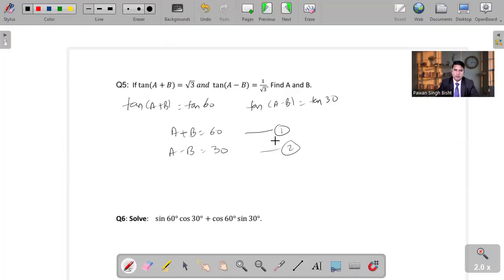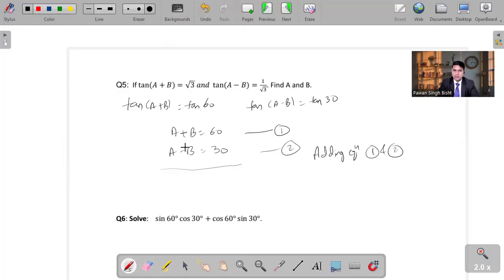You can check it on my channel. So we will solve this. Here the coefficients of b are the same and the signs are opposite. I told you whenever the coefficient is the same and the signs are opposite, we add the equations. So we add both equations, adding equation 1 and 2.